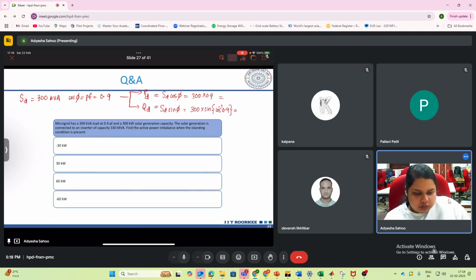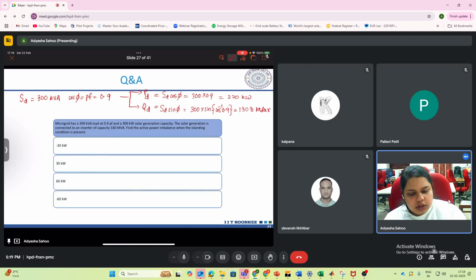What will it be? It's 273 kilowatt. This is 130.8 kilowatt.